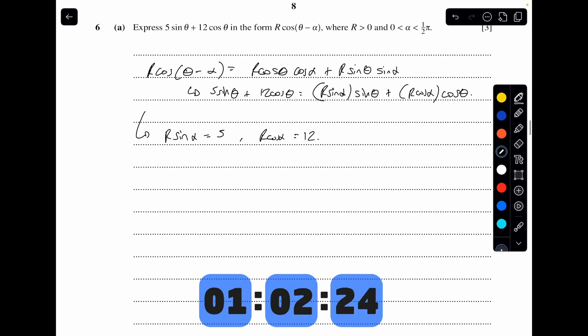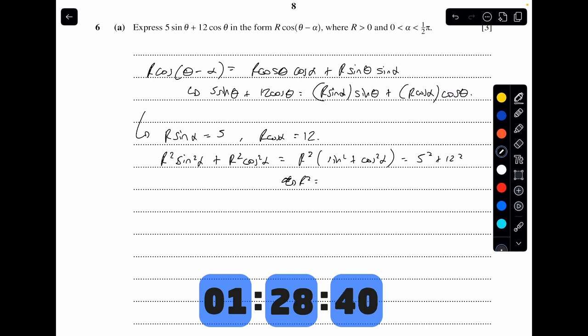We know that r squared sine squared alpha plus r squared cos squared alpha, okay, r squared, is going to equal 5 squared plus 12 squared. So I can say that r squared is therefore going to equal 169, which means r is going to equal 13, okay? Now r must be bigger than 0, okay?